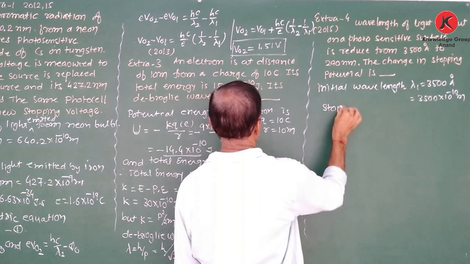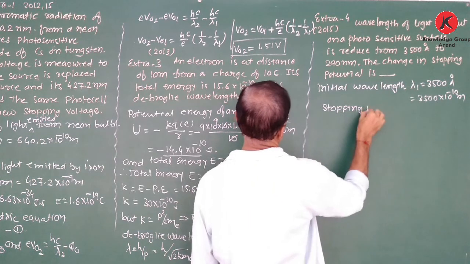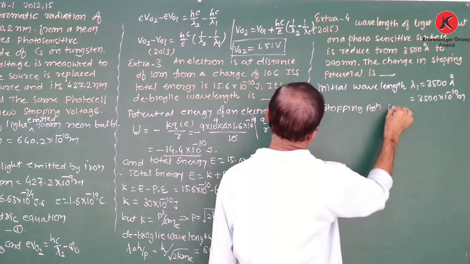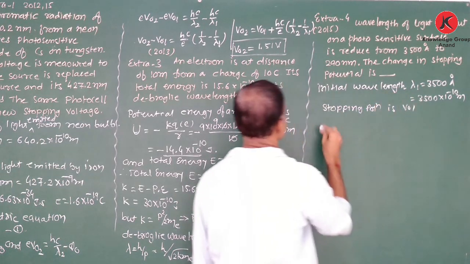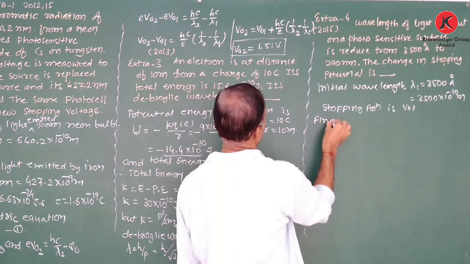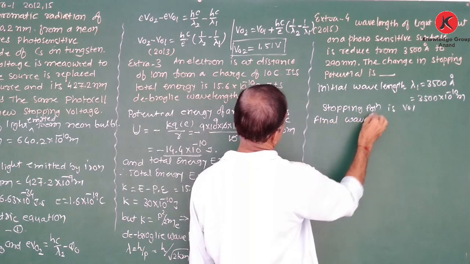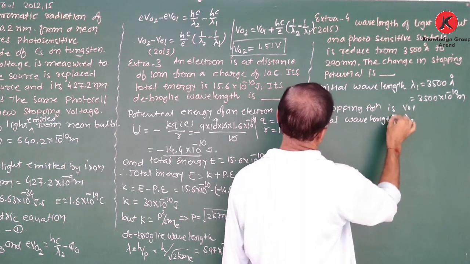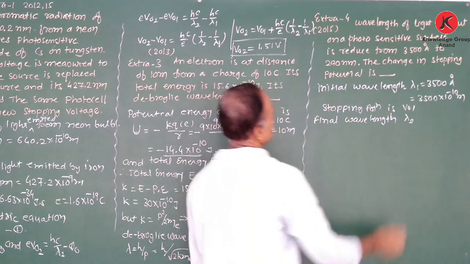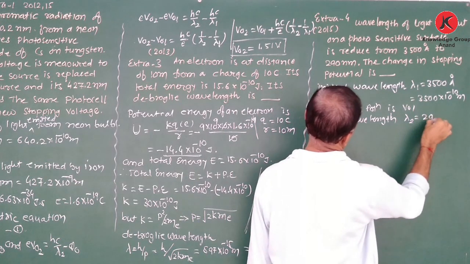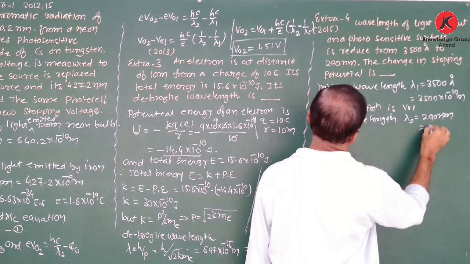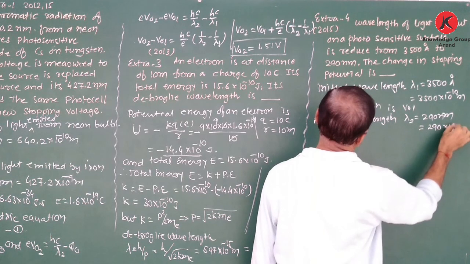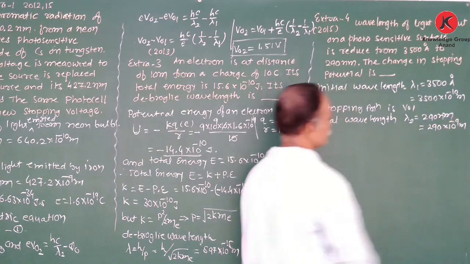The stopping potential is V01. The final wavelength lambda 2 is 290 nanometer, therefore 290 into 10 to the power minus 9 meter.